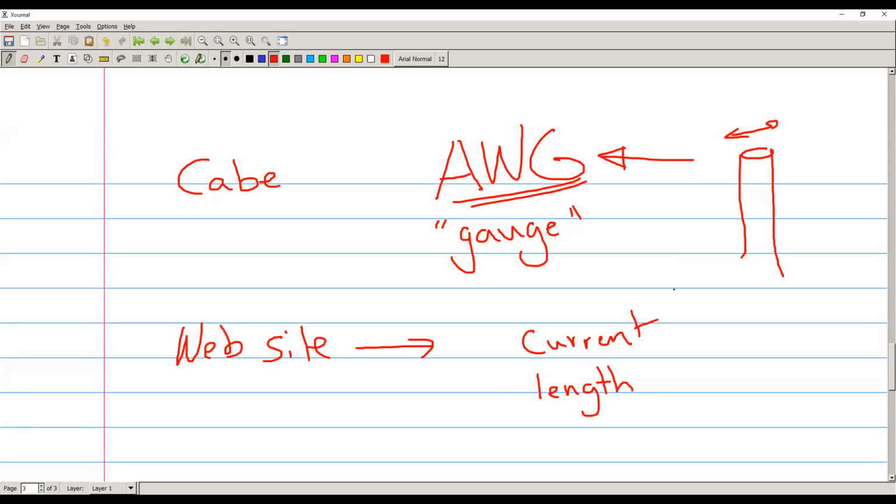You supply the length and some other geometric things, and it would tell you which gauge would be suitable for your application. So it gives you directly which gauge you can order and use.